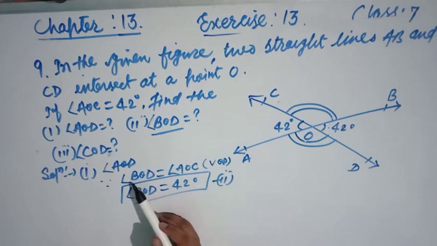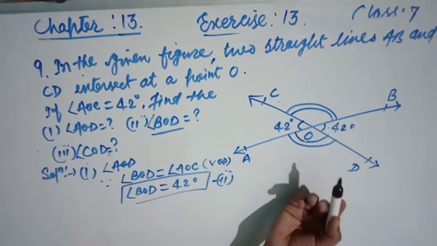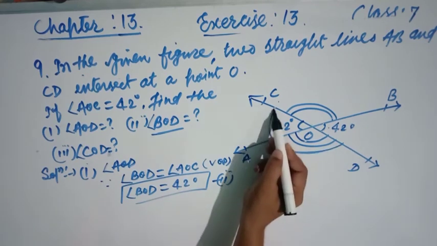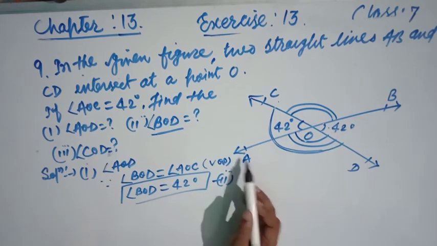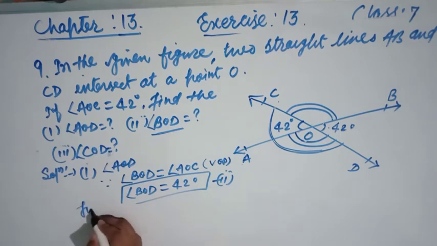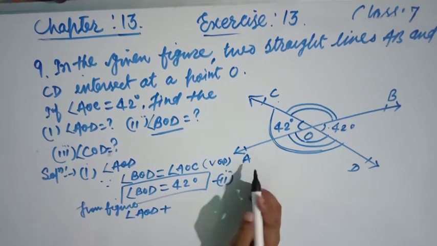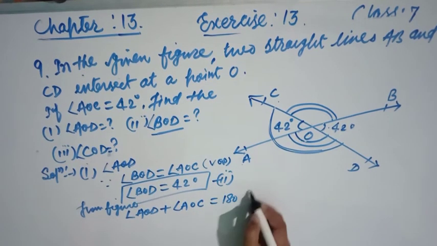And now AOD. How can we find AOD? If you look at this line, the sum of these two angles, AOD plus AOC, is equal to 180 degrees, because it is a straight line.